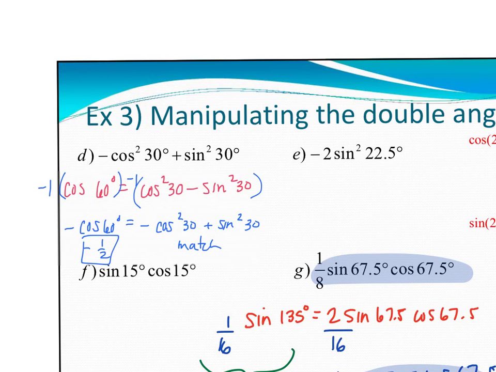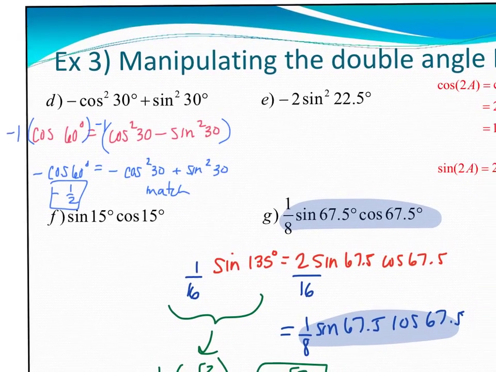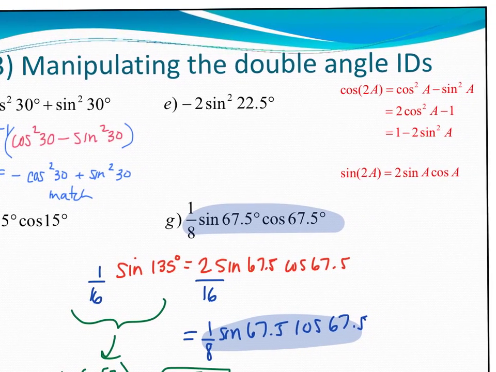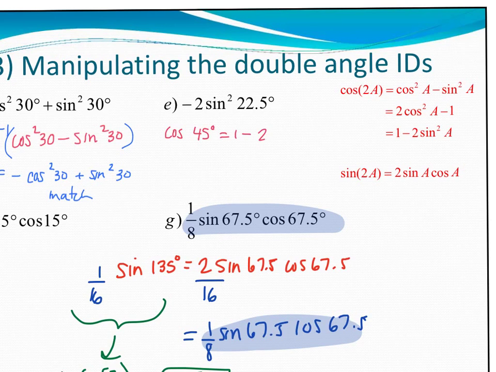Part E is a little bit more tricky. People look at this one and they say, okay, it kind of looks like my third formula, but there's no 1 there. Well, let's start by saying what it should look like. It should look like cosine of 2 times the angle, so cosine of 45 degrees equals 1 minus 2 sine squared of 22.5.